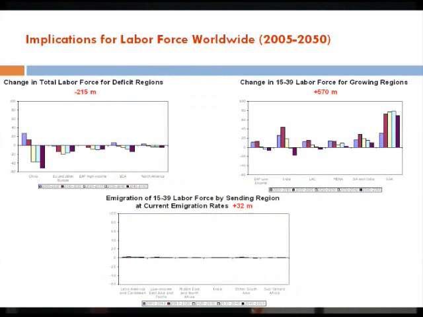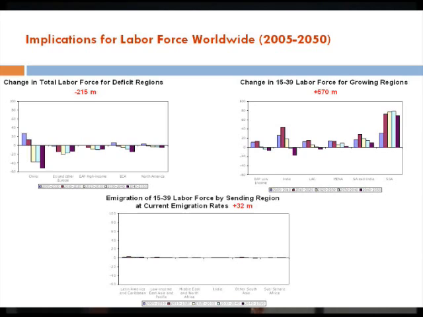In others, the labor force aged 15 to 39 is going to grow. Why 15 to 39? Because that's the age at which people are likely to move. Before or after, mobility is really much less possible.